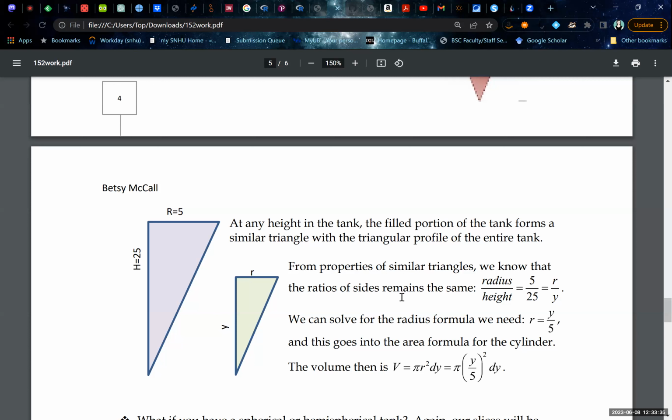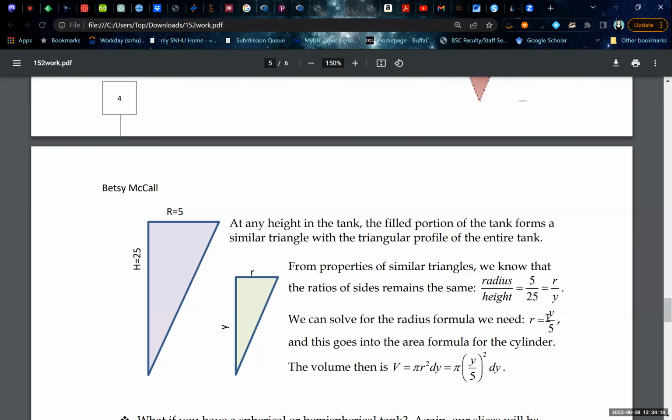I just use proportions based on the properties of similar triangles to find the relationship between the radius and the height. Radius over height in the bigger triangle is 5/25, and that ratio will stay the same in the smaller triangle, r over y. Then I just solve for r, and I end up with the radius being 1/5 the height. So if you've gone up one foot, or 1 meter, or whatever the unit is, then your radius will be 1/5 of that.